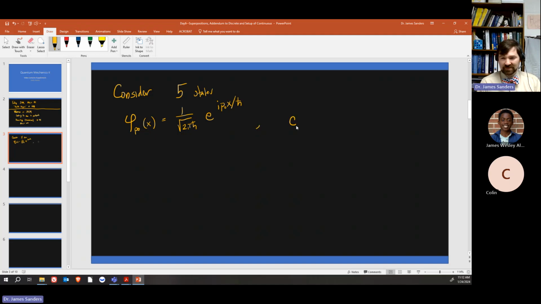And we'll say that this one has a relative amplitude of 1. I'm not trying to say that they all have amplitudes 1, just that the relative amplitude relative to the others will be 1. So this is the first state.